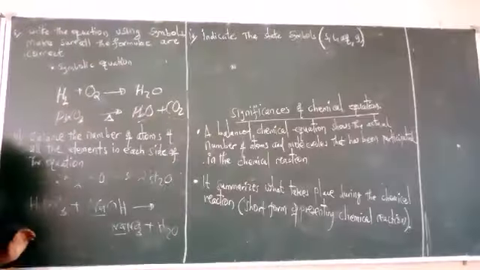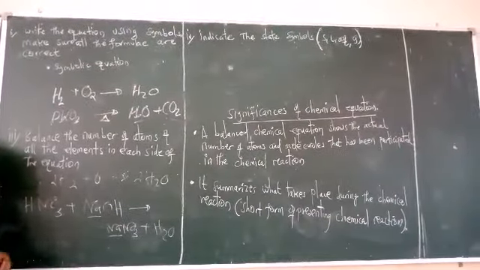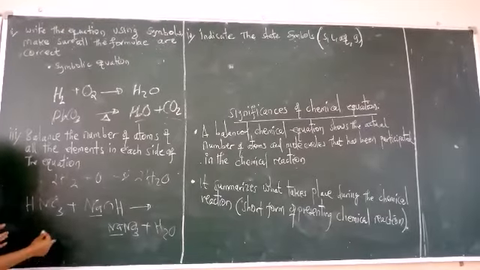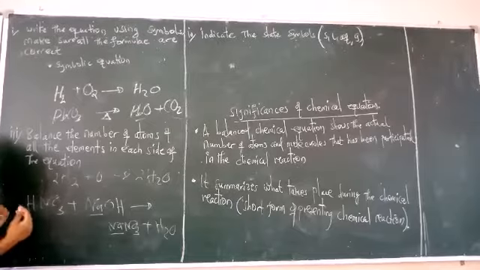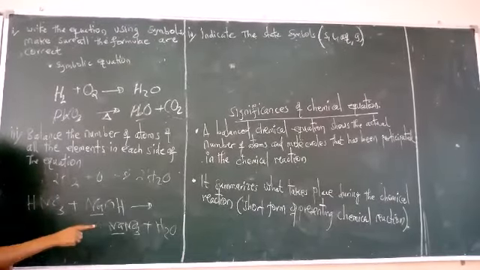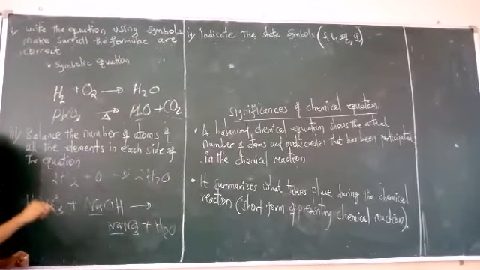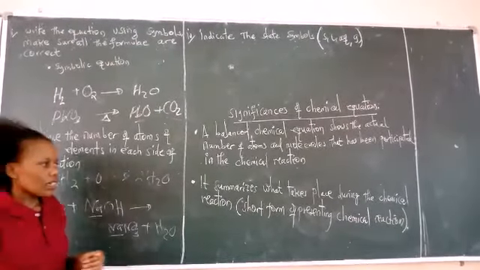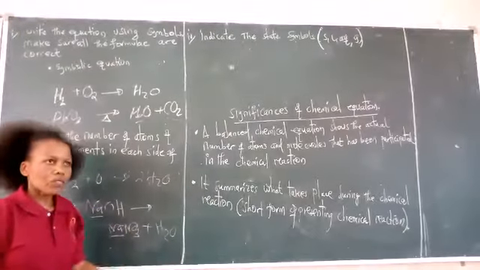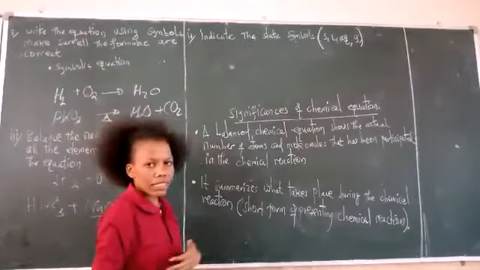So it's all about balancing, making sure in the reactant side, the number of atoms of all the elements are equal to the number of atoms in the product side. Apart from just balancing, we have to indicate state symbols.